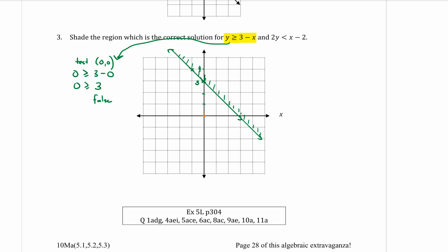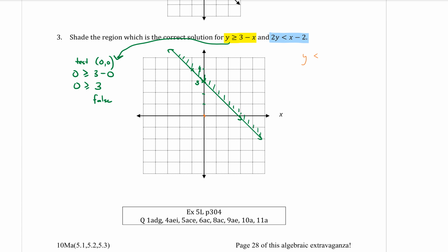So the second line was 2y is less than x minus 2. Now, remember I said we want to find the gradient and the y-intercept. At the moment, I can't read that from that equation. I need to get y by itself. So let's do that. Y is less than, I'm going to have to divide everything by 2 to get that y by itself.